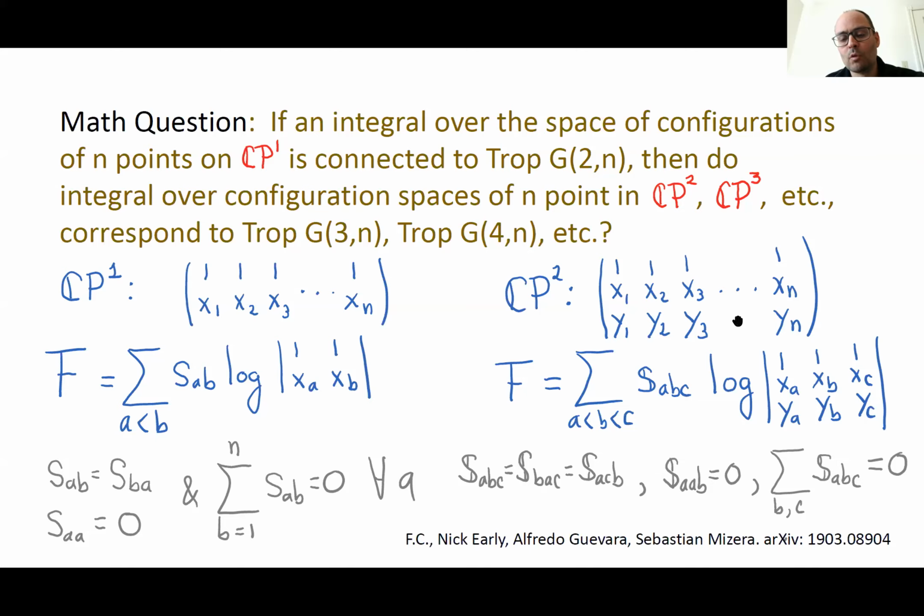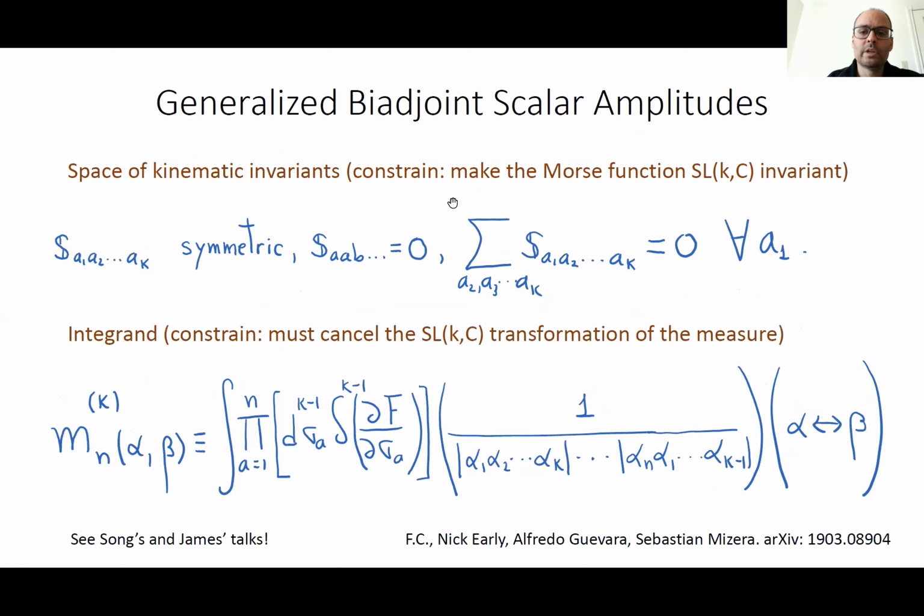For CP2, the automorphism group is SL3C, and therefore, the only conditions we get for the generalized kinematic invariants are then these ones that you see here. And in general, we can go to any CP^(k-1) and find that the space of kinematic invariants is also generalized, and these are the conditions for the Morse function to be SLk invariant.